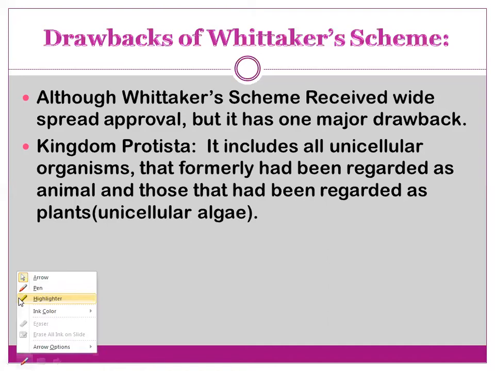Let me repeat, in kingdom Protista, what type of living organisms were found? He placed all the unicellular eukaryotes there. Eukaryotes means they have a nucleus.